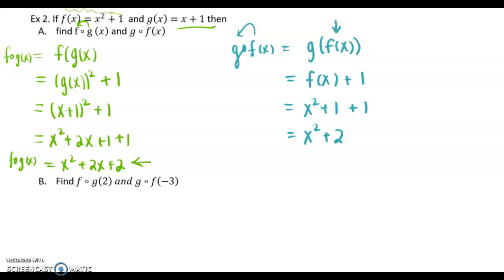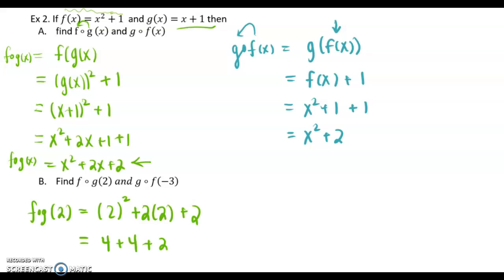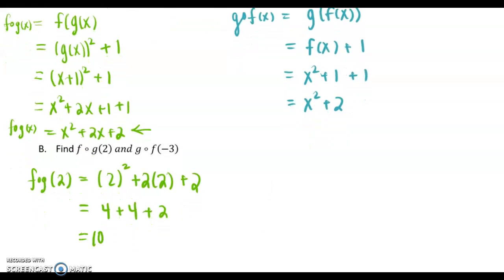So we're going to go ahead and do that. So wherever you see an x now, you'll replace it with 2. And then you're going to go ahead and add these together. So you get 4 plus 4, 8, plus 2 is 10. So that would be my answer.